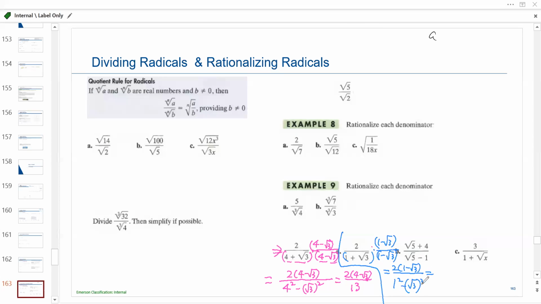So 1 minus 3 became negative 2. 2 divided by negative 2 became negative 1, right? So actually it changes to square root 3 minus 1. That's it. You see, interesting here. These kinds of situations actually change into this.